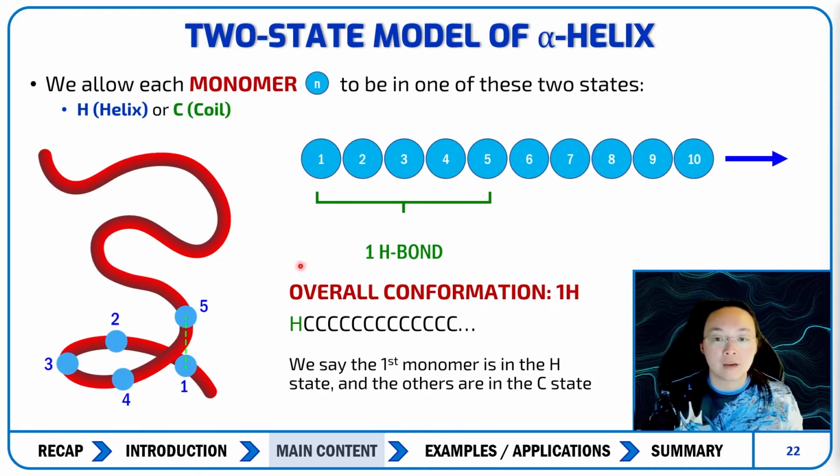So therefore, I have H, and then coil, coil, coil, coil, on until 10. So we say the first monomer is in the H state because the hydrogen bond promotes the helix transition, and the others are in the coil state. So it's number 1 that's in the helix state, creating the hydrogen bond that's pulling 5 towards it.